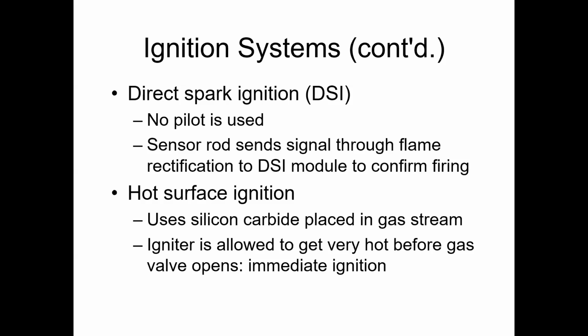You will see hot surface igniters used a lot. They glow bright orange basically right before they ignite the flame. They use silicon carbide. They've got a ceramic insulation that puts them right in front of the flame.